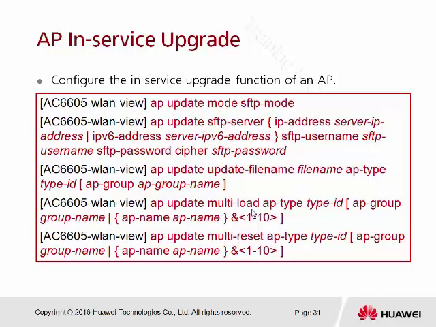Once we are done with multi-load to all the APs, don't forget to use the command multi-reset from here. Because when the AP has already downloaded the file, it doesn't mean it will reboot automatically, and in order to do the system upgrade, you need to reboot. So this is how we're going to do that here.